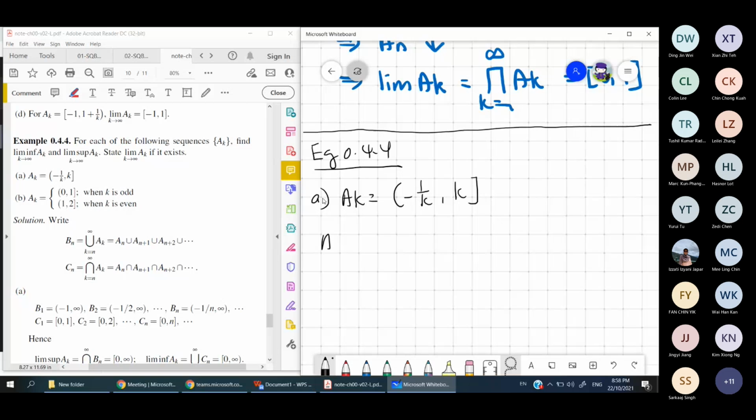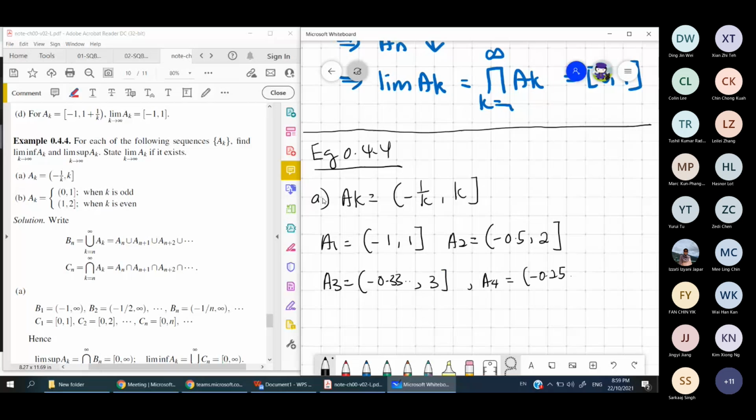You can see A1 is equal to minus 1 to 1, and A2 is minus 1 over 2 to 2. A3 will be minus 1 over 3, 0.333, to 3, and so on. A4 is minus 0.25 to 4, and so on.